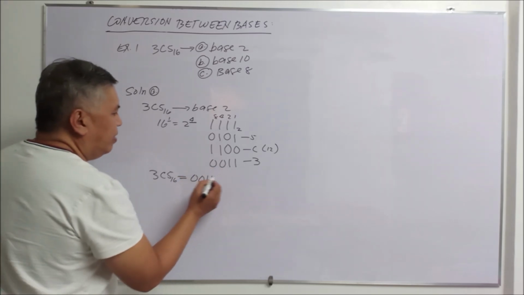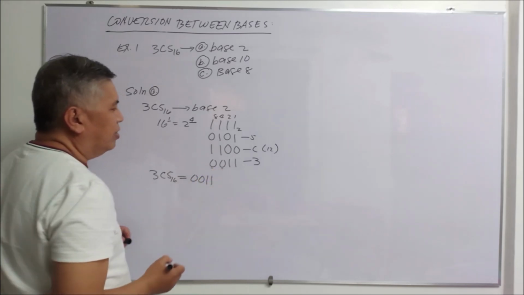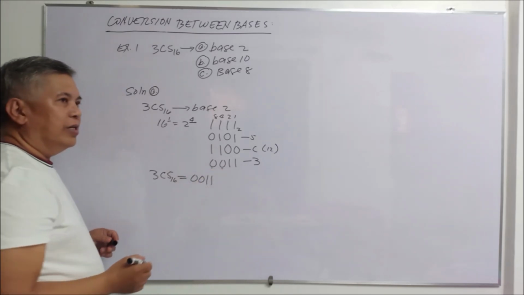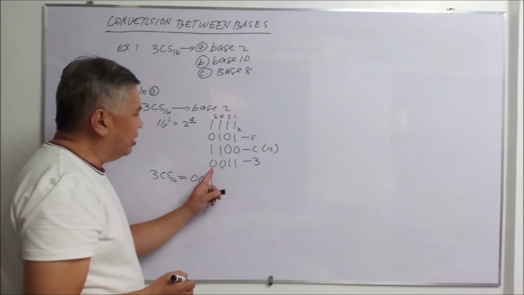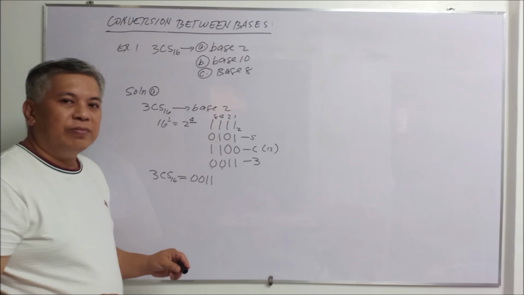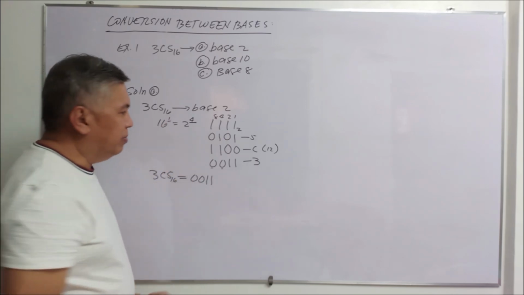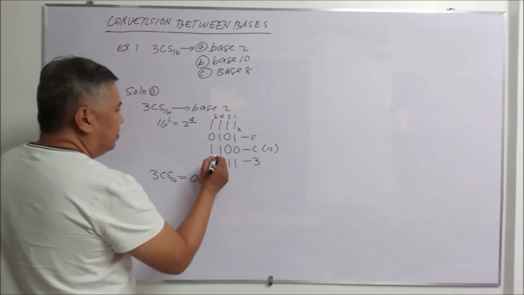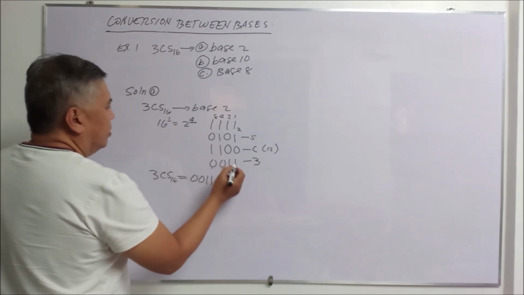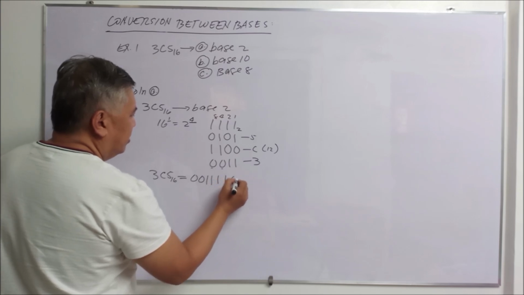It should be in 4 digits. Even if the numbers here are 0, you have to write 0, 0 as part of the answer, because it is 4 digits in every hexadecimal number. Then you have C, you have 1, 1, 0, 0.